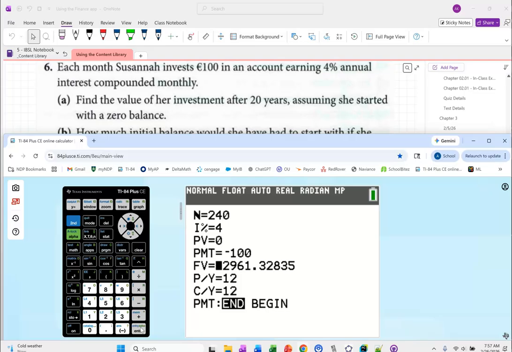The future value, and the payments per year and compounds per year should both be 12, right? Okay, so what do we press to get the future value to spit out? Alpha and enter. So $36,677.46 or something.